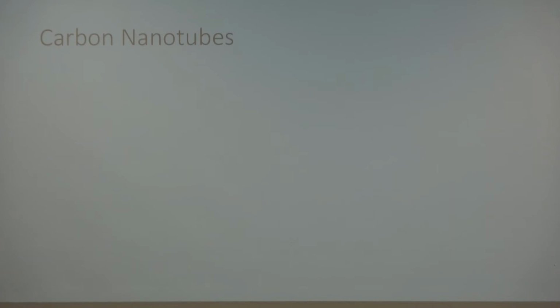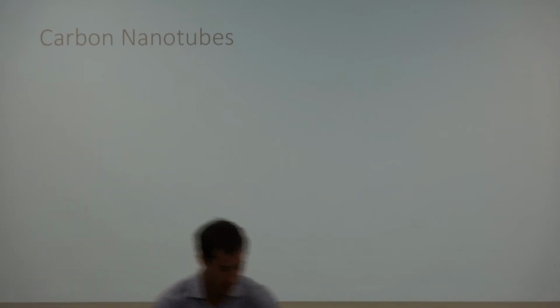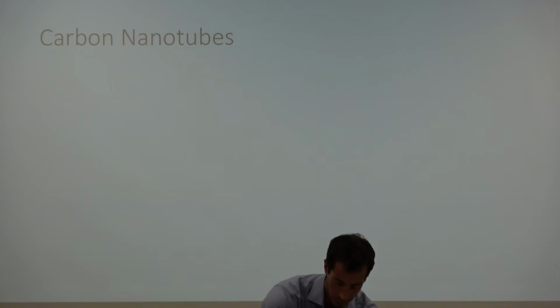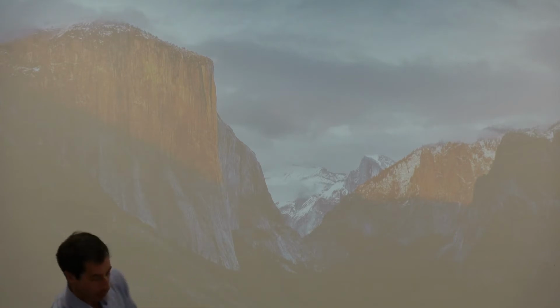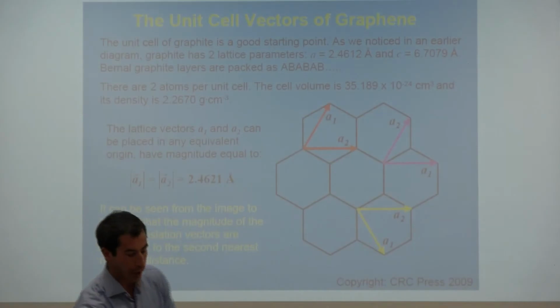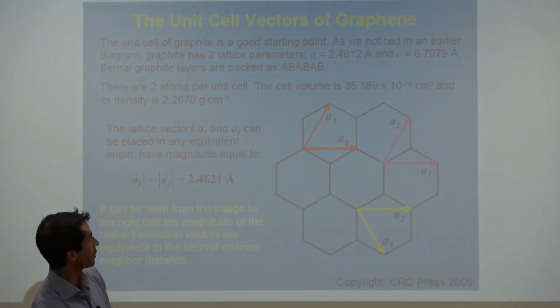Okay. So while we're on that, why don't we jump right to this thing that I wanted to do from the homework. What if we wanted to calculate the diameter of a carbon nanotube? If we hold this picture in your brain, we're dealing with these hexagons.